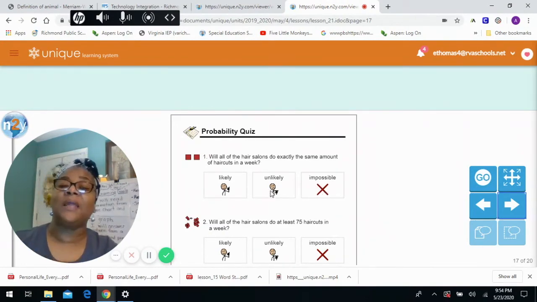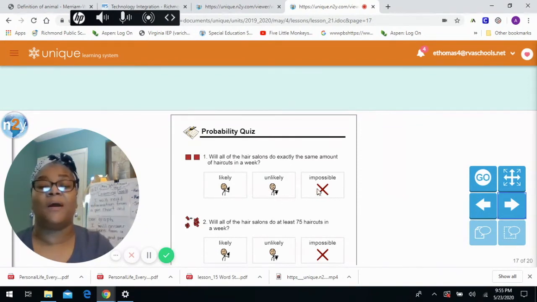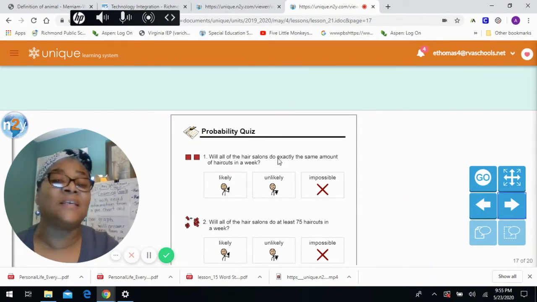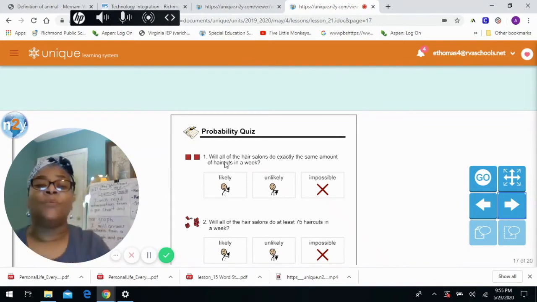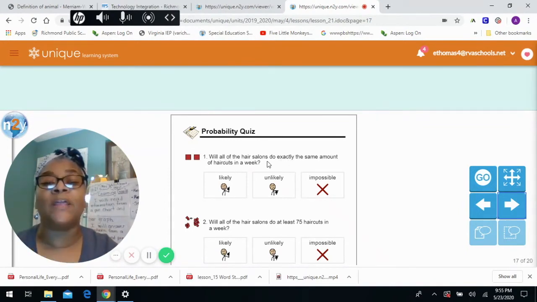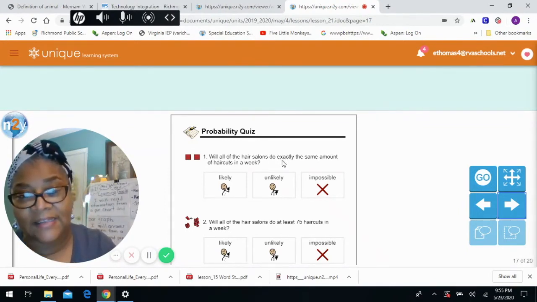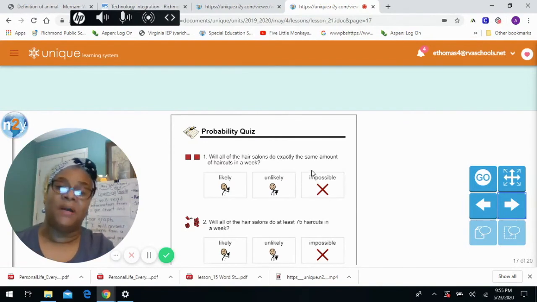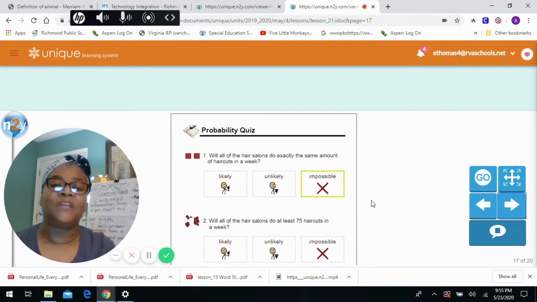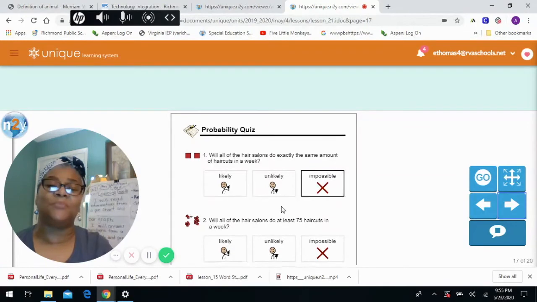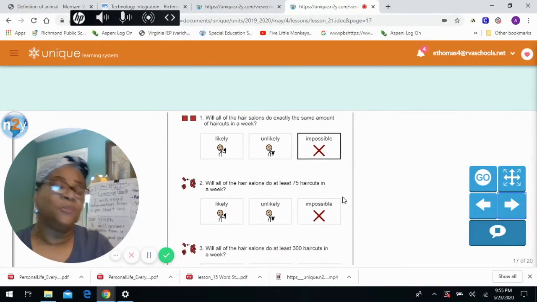So it could be unlikely or impossible. I would say, since it says exactly the same, when you see words like all and exactly, that's pretty much impossible, because you don't know that.